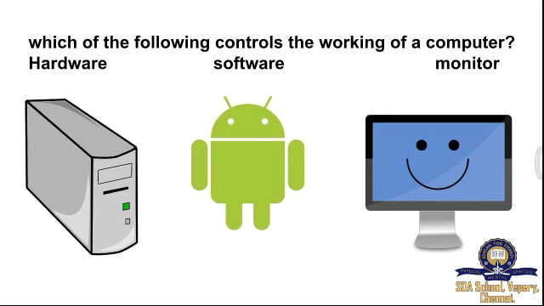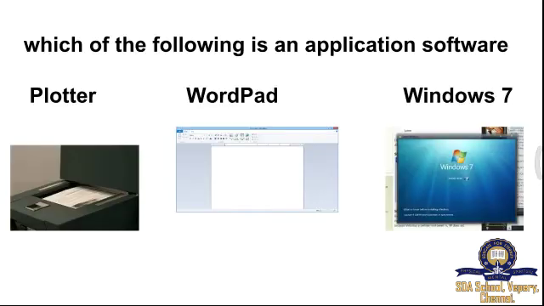Next, which of the following is an application software? The first one is plotter, that is used to take print in bigger size. And the second one is wordpad, that is, you have to type in first whatever you want to print out.